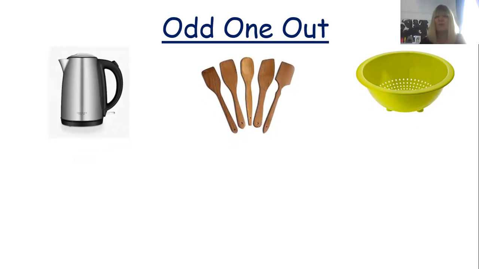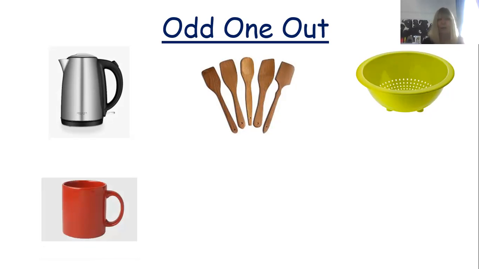It's for when you strain the water out of boiling potatoes or peas that you've been boiling in some water and you don't want the water anymore, you just want the peas. So you pour your saucepan into the colander and all the water drains through into the sink and you're left with the peas or potatoes or whatever inside the colander. So that's a colander. I'm beginning to have an idea where we're at, what room we're in. A mug. Might have tea in it, might have coffee in it, but it's a mug.